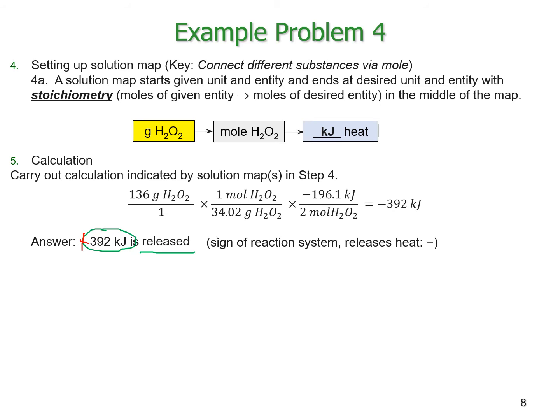So I really want you guys to pay special attention to the sign of the energy we are going to pick. Read the question carefully. Try to figure out the directionality of the energy flow indicated by the question before we pick the value, before we can decide whether we have to include a sign on the energy or not.